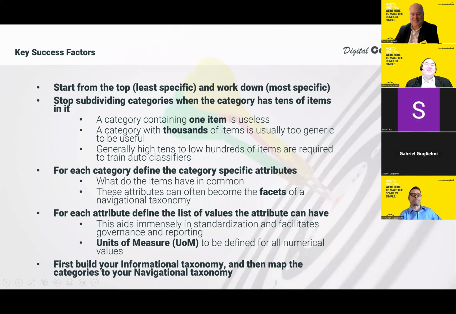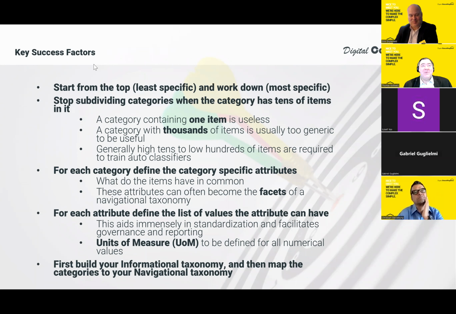So, what are some things that are going to help ensure the success of that kind of an undertaking? Well, generally, it has been, in my experience, easier to start from the top, so less specific data, and then iteratively subdivide the categories as you work down to more specific levels of information.